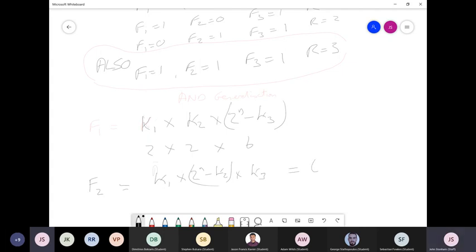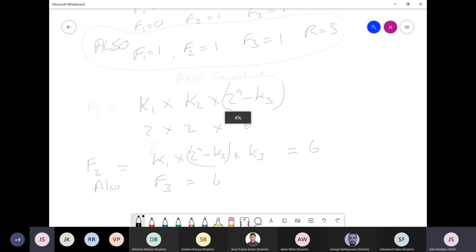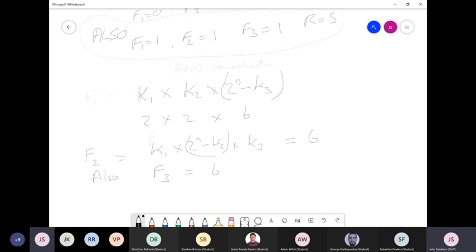And that also is 6 because all the K's are 2. And also for F3, it is also 6. F3 would be K1 times K2 times 2 to the n minus K3. Right. Those are the number of ways of getting a response of two 1s and a 0 from the network.